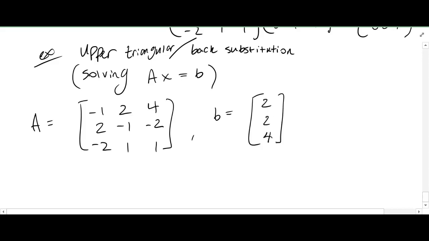We want to solve for the corresponding x such that A times x equals b. And I'll call the components of the vector x, y, and z.